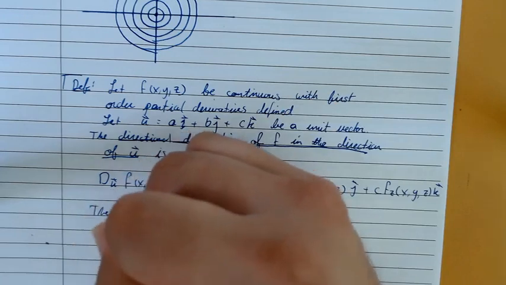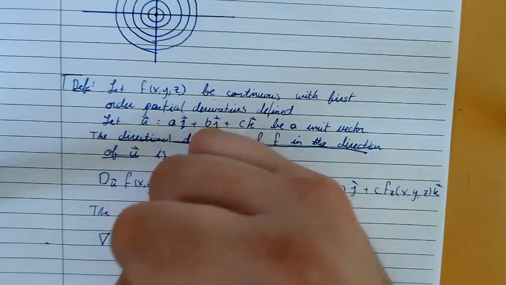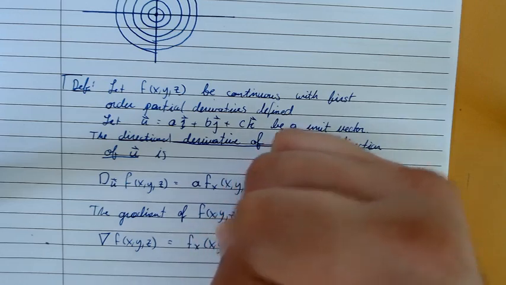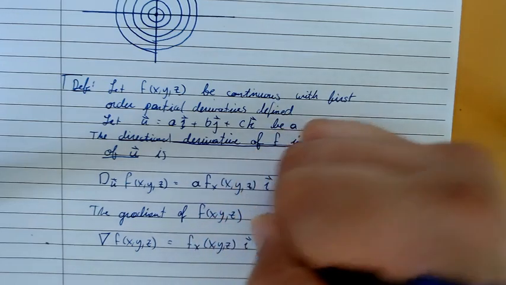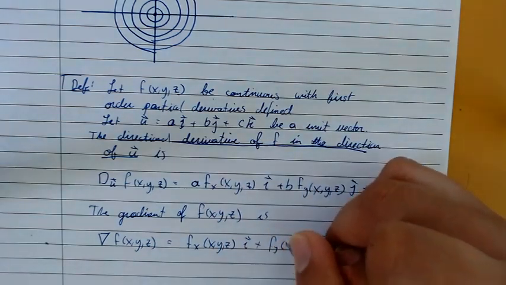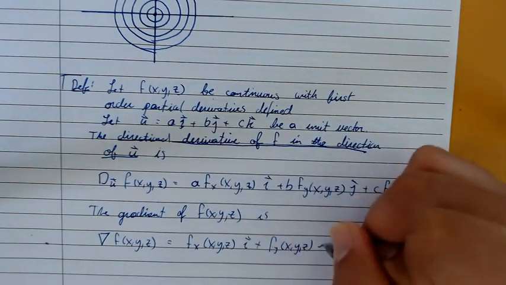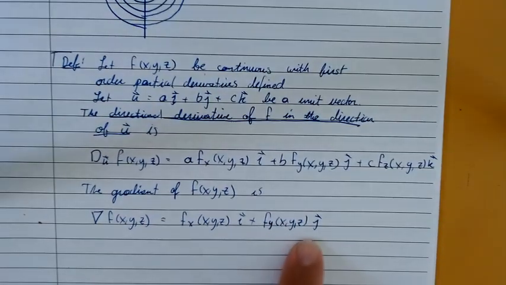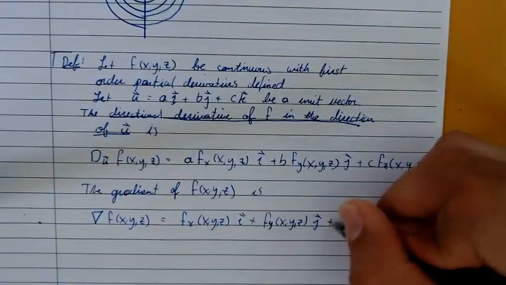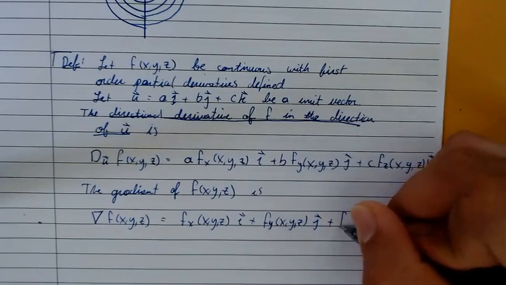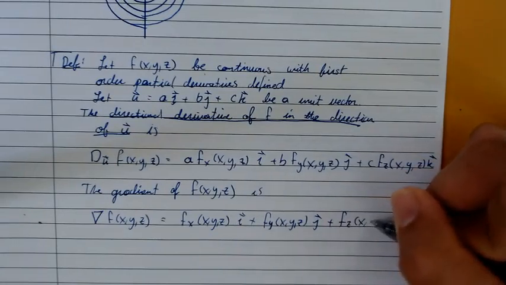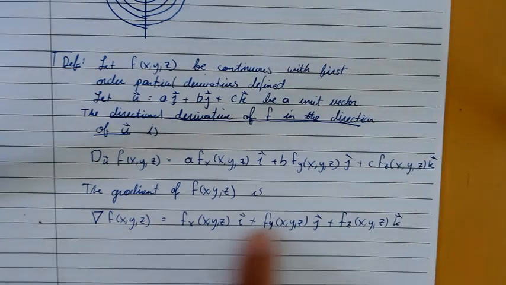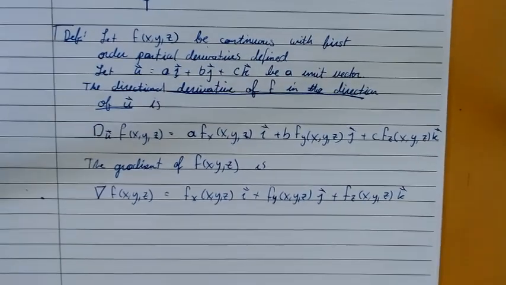We're going to say del f of x comma y comma z is equal to f sub x at x comma y comma z i plus f sub y of x comma y comma z j. This looks like the definition for the gradient that we've had for vectors in the plane. So now we have a third component, f sub z at x comma y comma z k. And now we define this as a vector not on the plane, but as a vector in space.